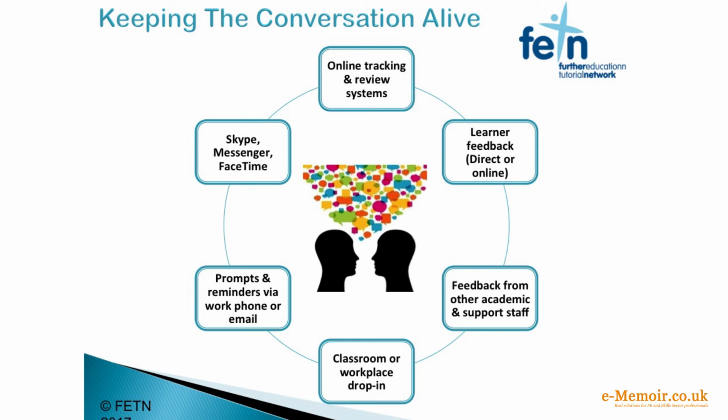It might be that you only see learners once a term, but there have to be other mechanisms for keeping that conversation going. They may have thought they could do it in a particular way, come across a hurdle, not know what to do about it, and they haven't got a meeting for another 6 or 8 weeks, so the whole issue just falls to the floor. So how can we keep it going to keep them on track? I think this is one of the things that we don't do particularly well.